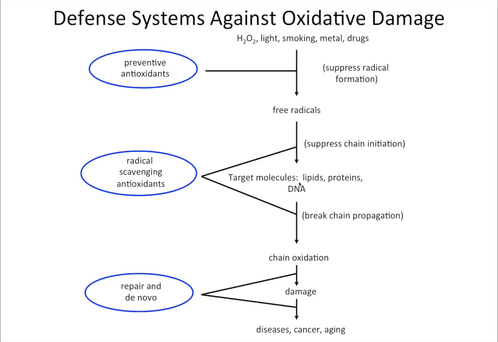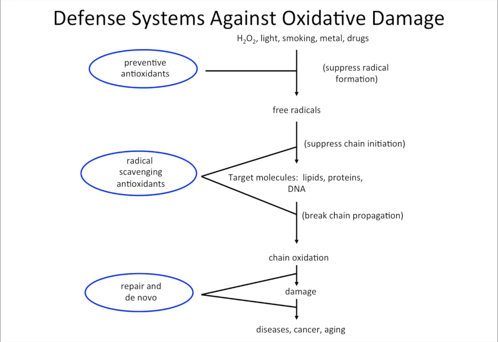We usually, when we talk about free radical damage, the molecules that are most of interest to us, that we're most concerned about, are lipids, proteins, and of course DNA. If you damage lipids and proteins, that can be detrimental to the cellular homeostasis.